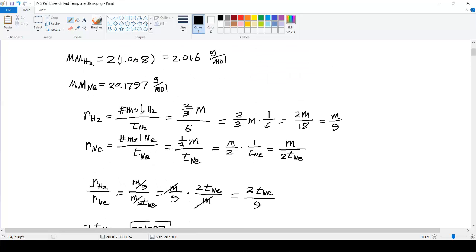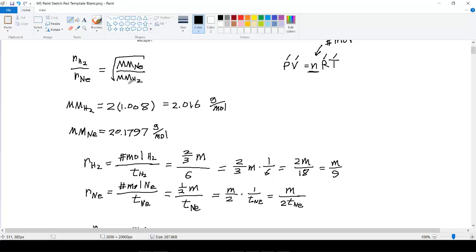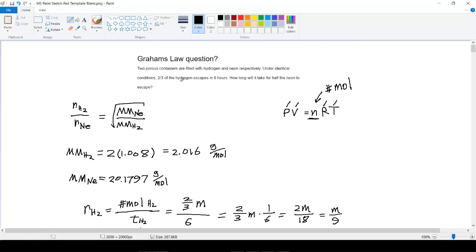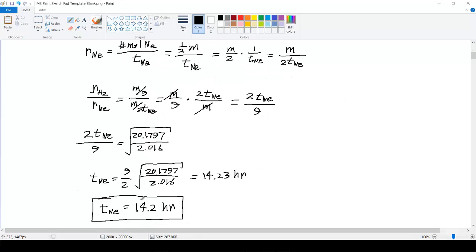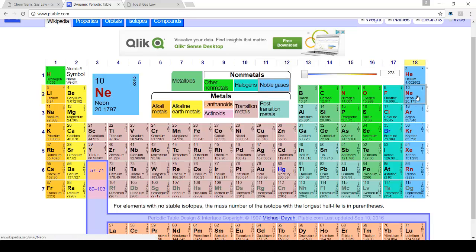And just as a check to make sure this kind of makes sense, the hydrogen actually diffused in 6 hours. So this is taking longer to diffuse for the neon. But that makes sense because the neon, if we look at the periodic table, is actually a bigger gas. The atoms of neon are bigger than they are for hydrogen.